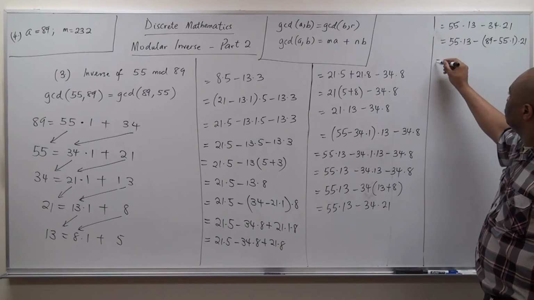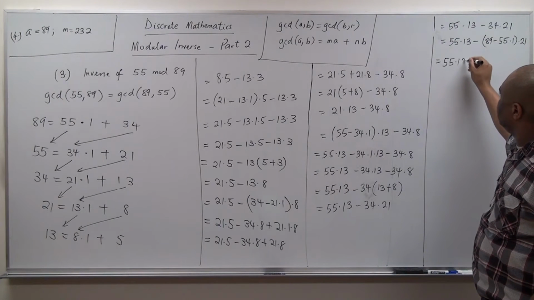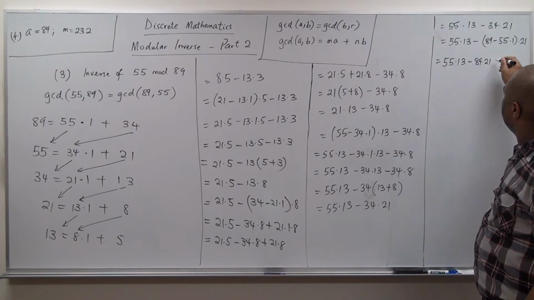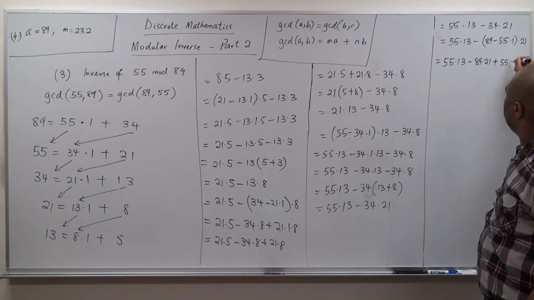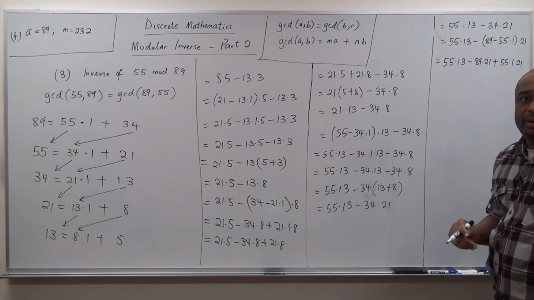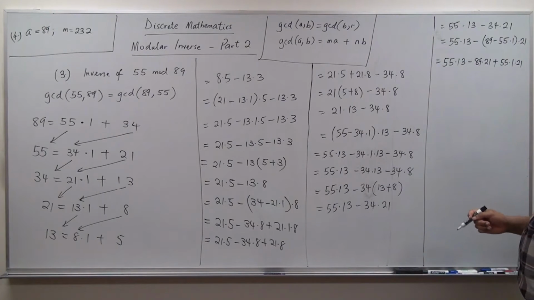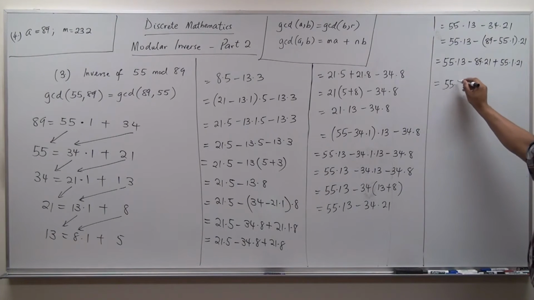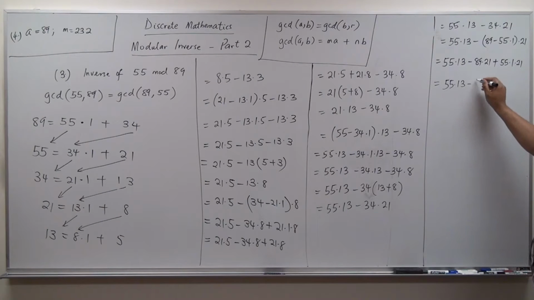So this will be equal to 55 times 13 minus 89 times 21 plus 55 times 1 times 21, right? So this will be equal to 55 times 13 minus 89 times 21 plus 55 times 21, right?